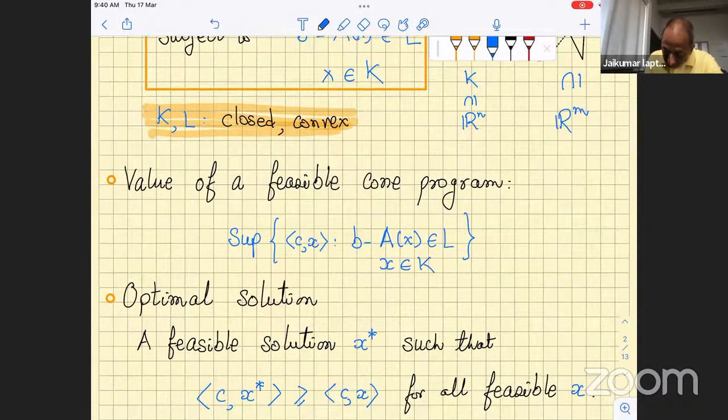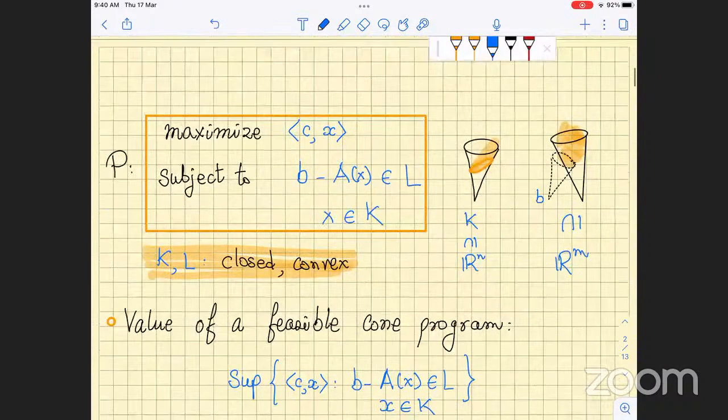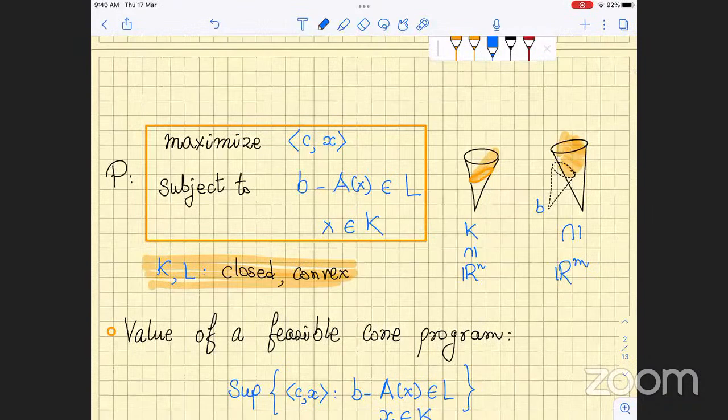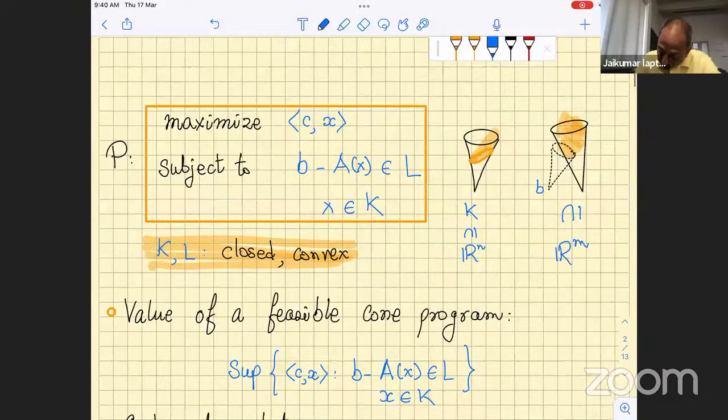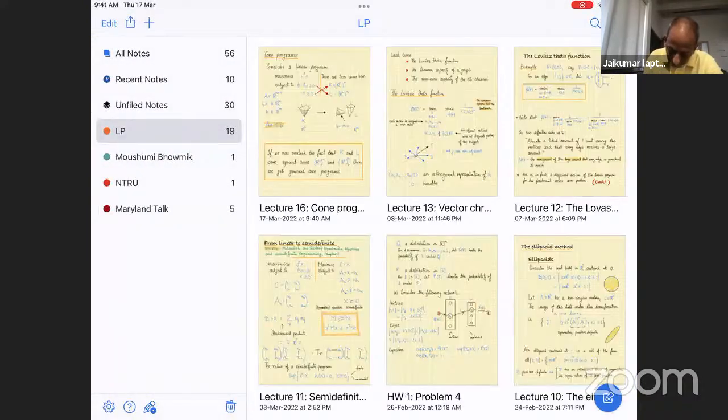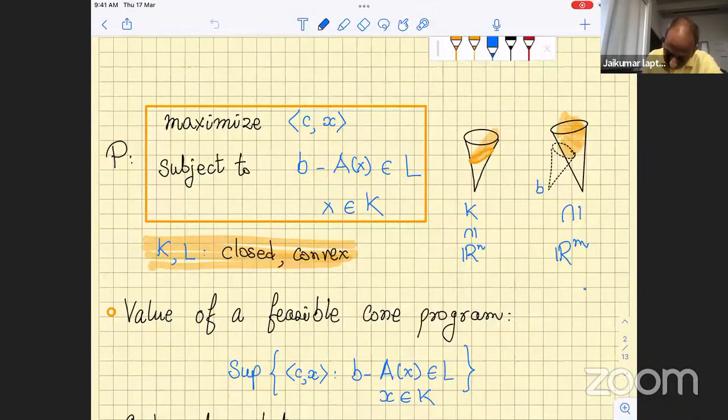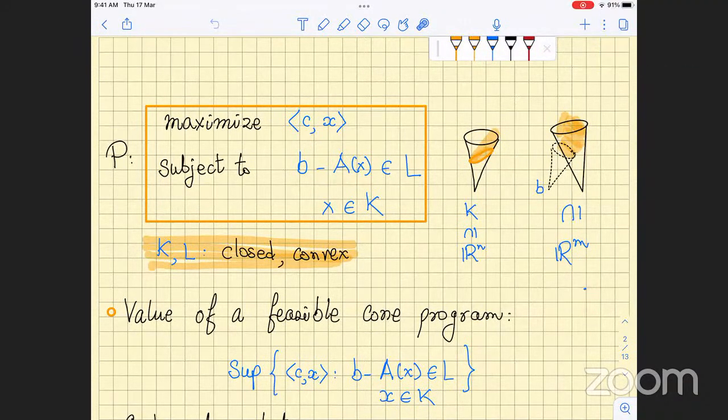Sorry, Jacob, can I just interrupt once? If I had written it in equational form, would it have looked simpler? In equational form, L would just become a single point, because we would have said that B minus AX should be this very trivial cone L. Exactly.